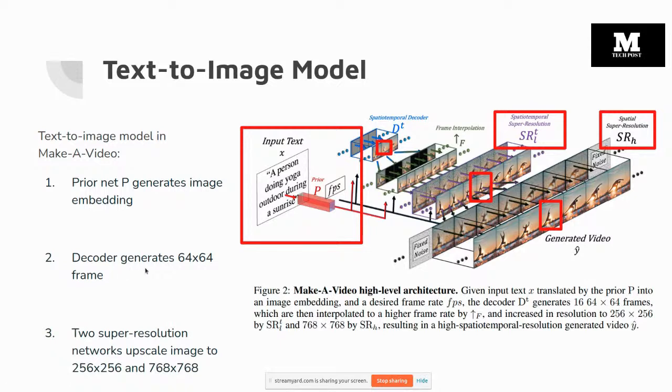So this diffusion model that is generating a 64 by 64 frame. I'm highlighting it here. And there are also two super resolution networks that will upscale your image from 64 by 64 to a higher resolution if you want a higher resolution for your final video. So to 256 by 256 and 700 pixels more or less.